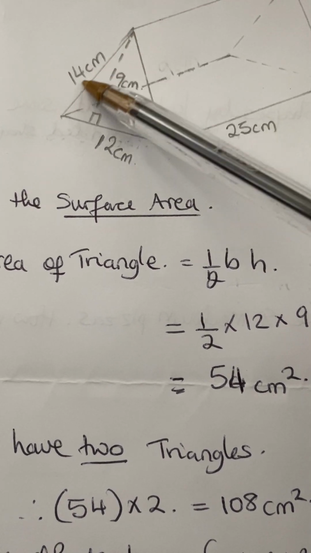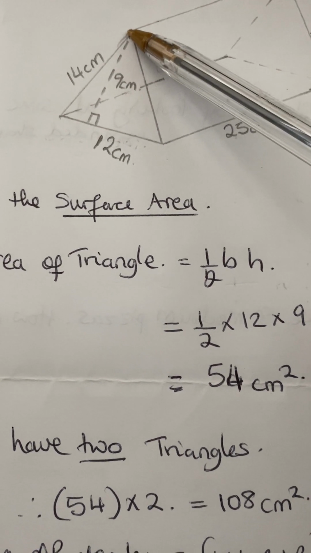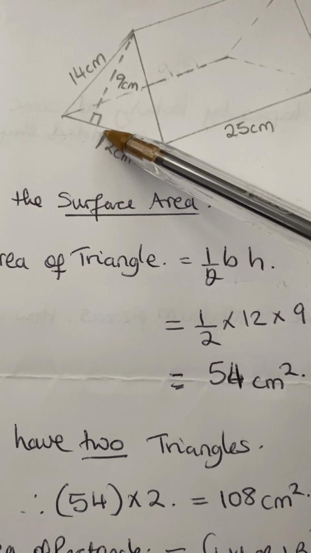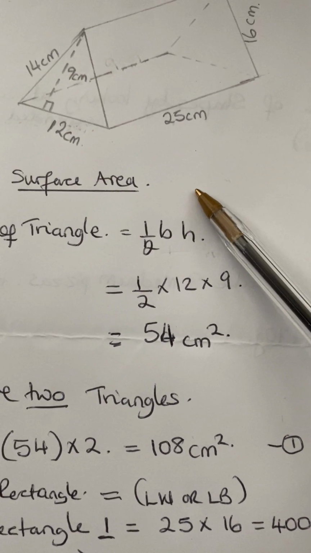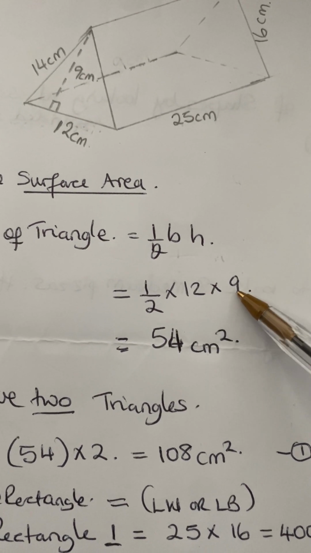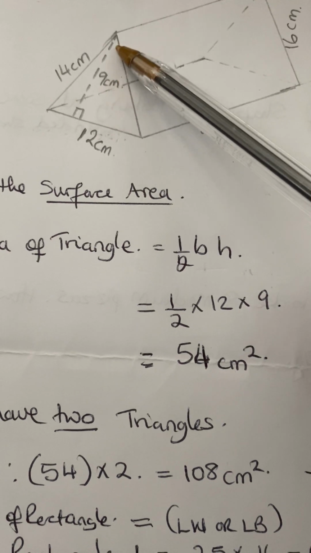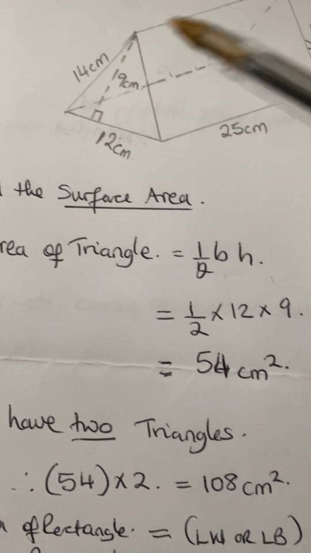This is a slanted height. We don't want that. We want the perpendicular height from the top to the middle. So if we look at our diagram, it's half 12 times 9, because they've told us the broken line here is 9.